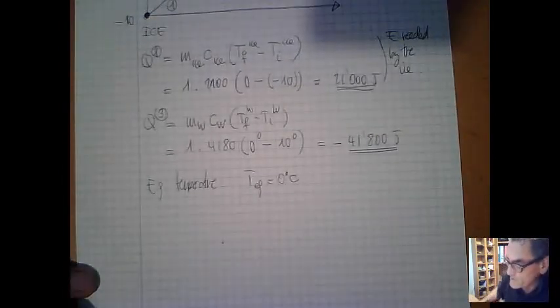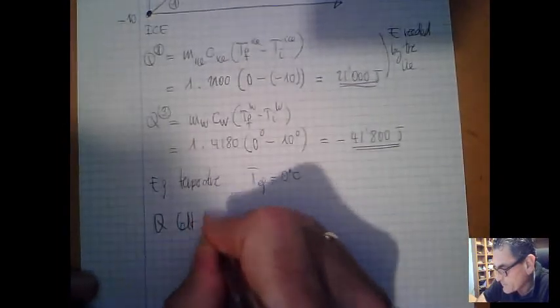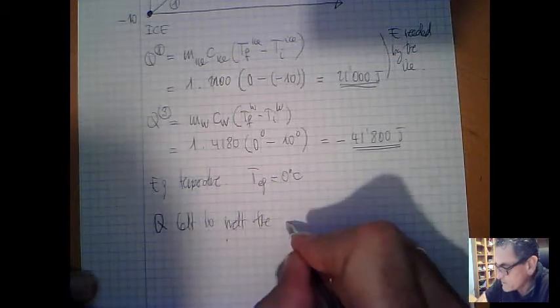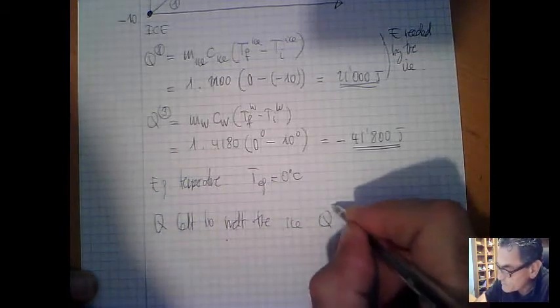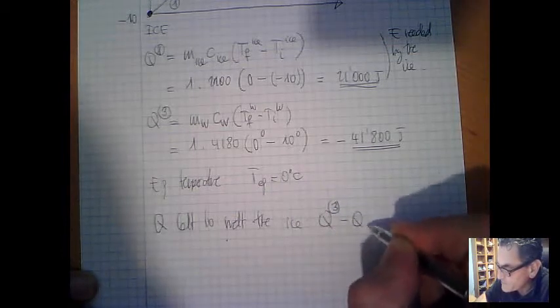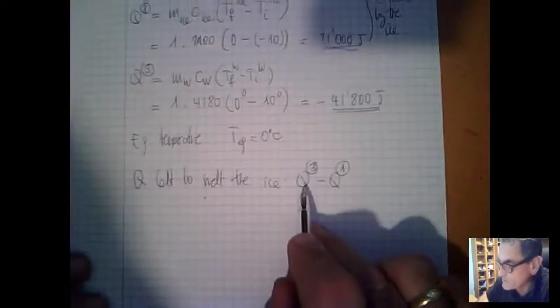So we will say the energy left to melt the ice is going to be Q3 minus Q1. And now I need to be a bit careful.